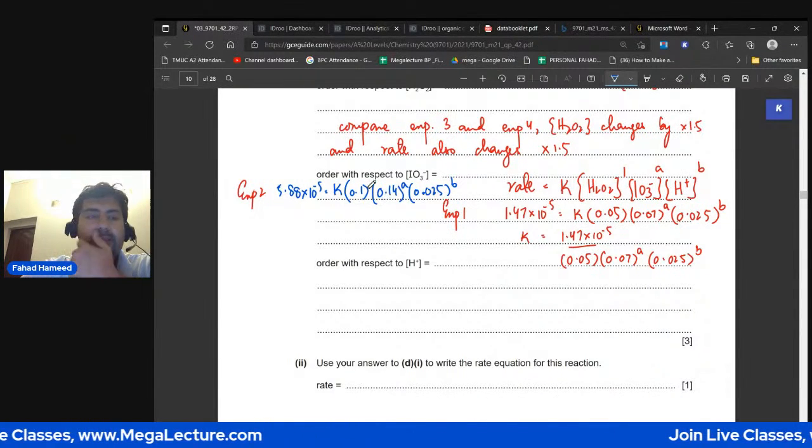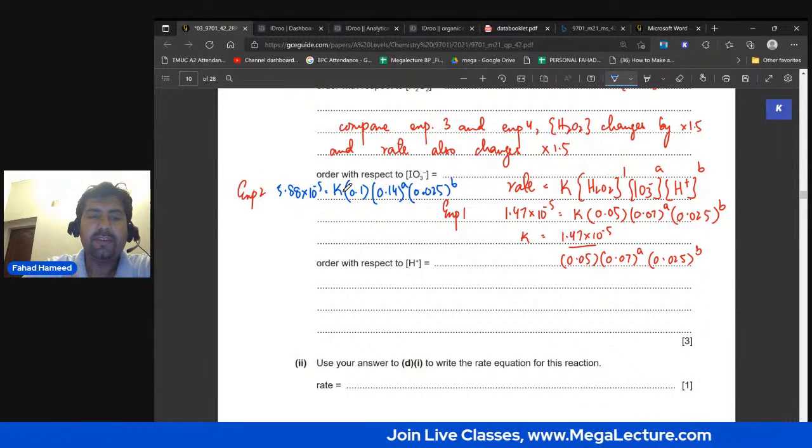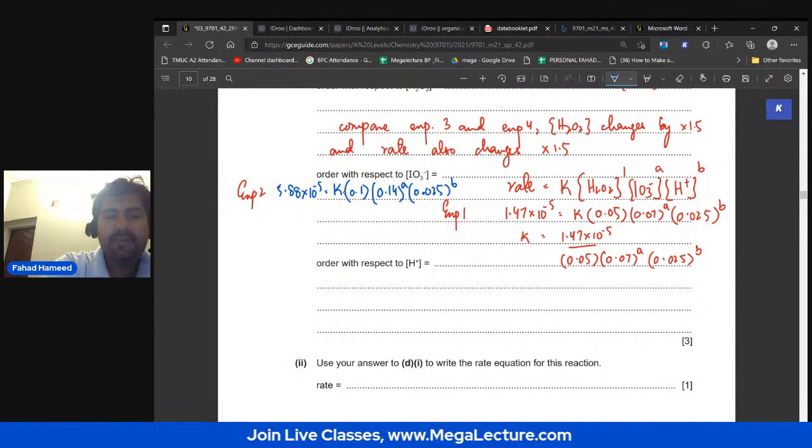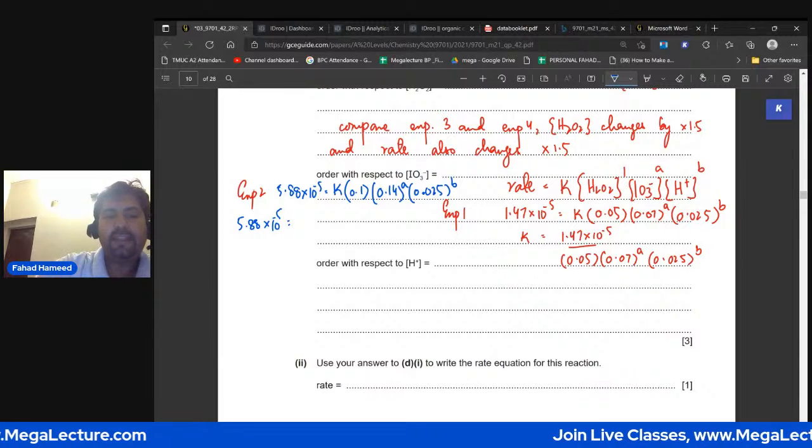So let's go with experiment 2 now. I'm going to take this K and put it over here. So that requires a bit of math. It's simple math, but 5.88 times 10 power minus 5. I'm going to plug in the K value over here.